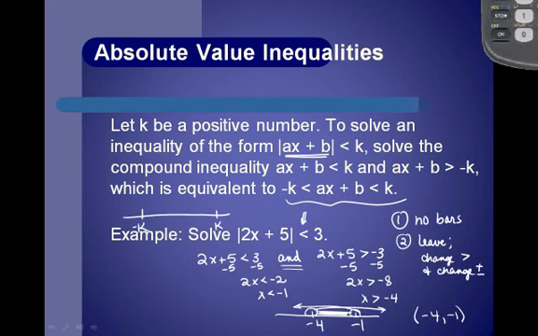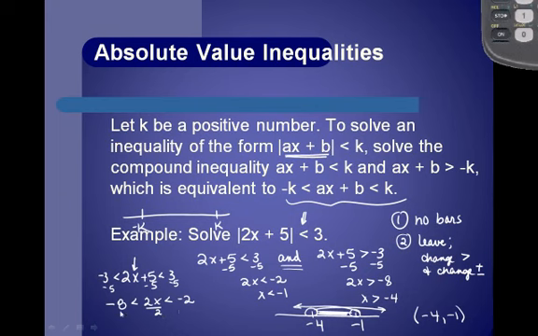Now, we could also have just set it up as this double inequality, which means 2x plus 5 is between 3 and negative 3. And remember, to solve an inequality like this, our goal is to get x in the middle. We're going to subtract 5 from the middle, but we also have to subtract 5 from all three pieces, so we get negative 8 is less than 2x is less than negative 2.